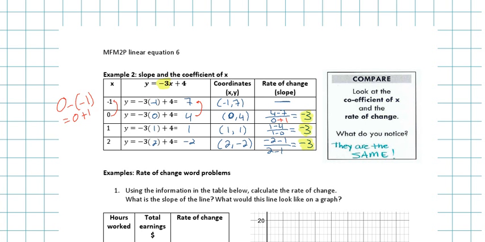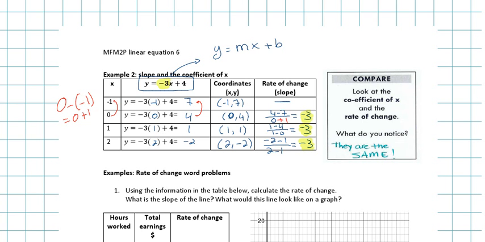Why? Look back up here, please. So if you go back to the equation of the line, y equals mx plus b, m is a coefficient of x, and m represents the slope. So it makes sense. It should be the same, right? Because technically, this right here is the equation of the line, which is y equals mx plus b.